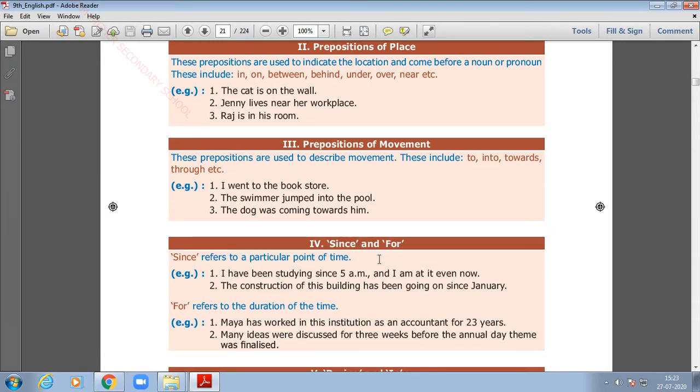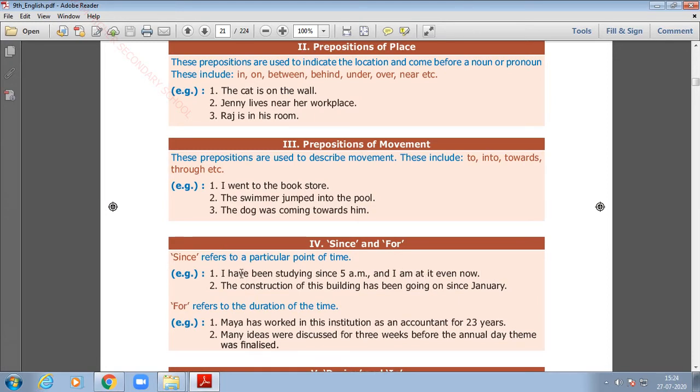Okay, and these are the words of timing too. Here you talk about the timings that started once upon a time and are still going on, or a particular period of time. Okay, so you have two words here, since and for, and these are perfect forms. You use since and for along with the perfect forms here. And look at the example given here: I have been studying since 5 a.m. Okay, means you have started it at 5 and even now you are revising.